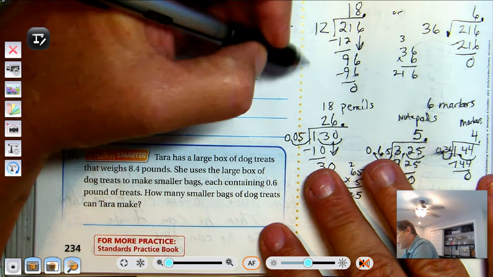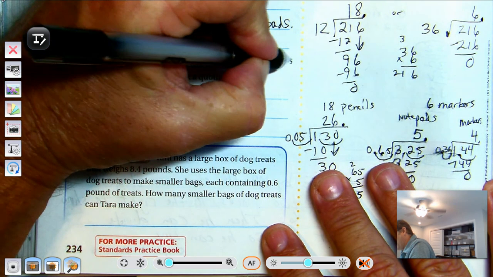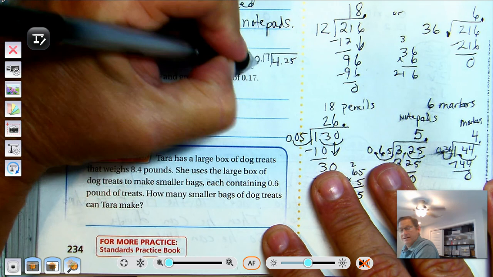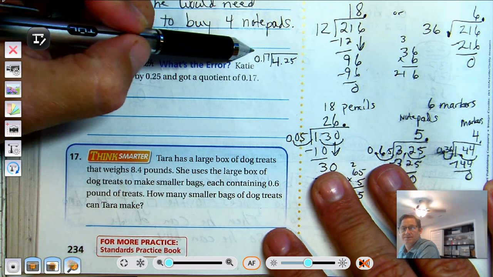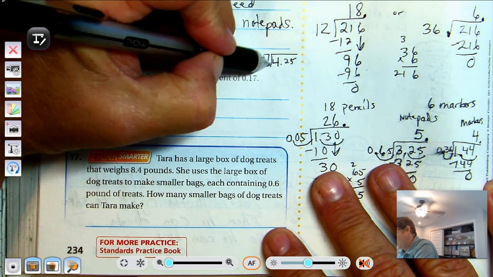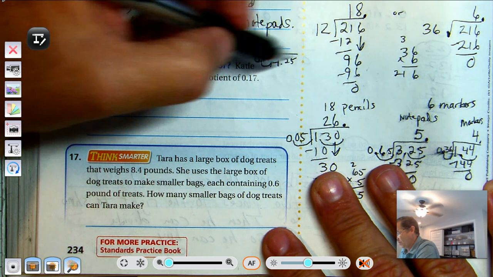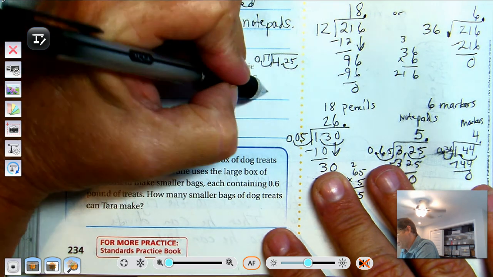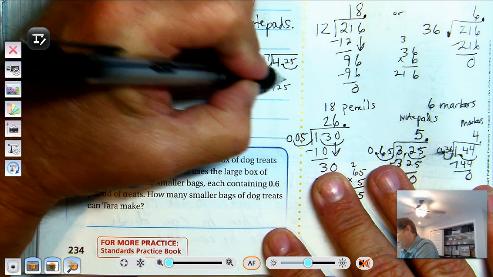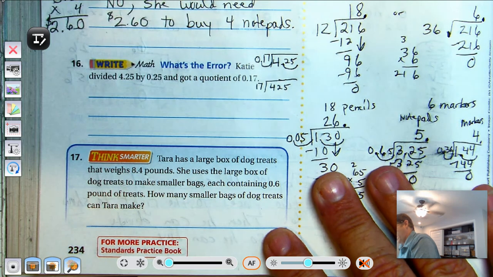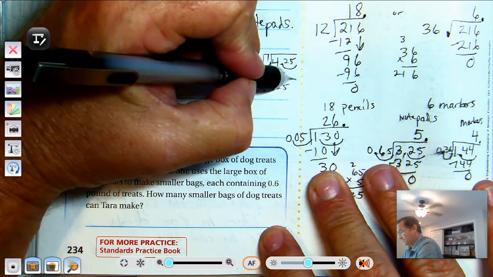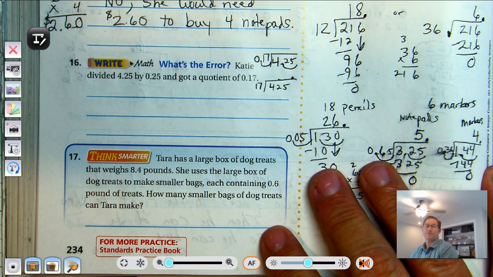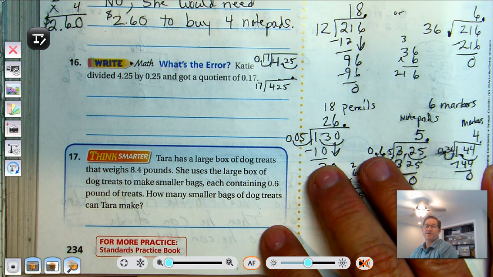All right, well, let's see. 4 and 25 hundredths divided by 17 hundredths. If I multiply the 17 hundredths by 100, that would become 17. And if I multiply 4 and 25 hundredths by 100, it would become 425. All right. So the decimal point is after the 5. 425 divided by 17.